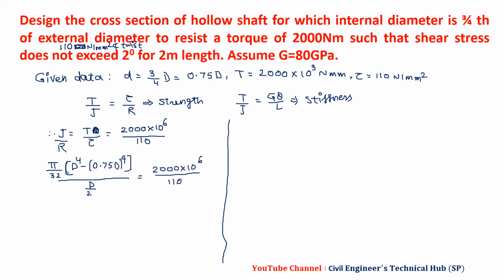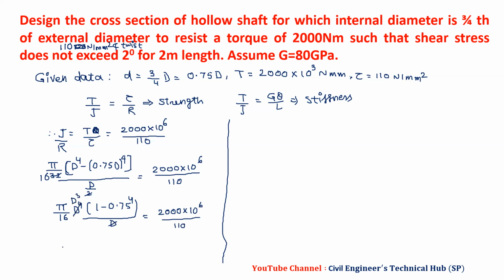Now this 2 will get cancelled with this 16 and we will take pi by 16 D to the power 4 outside in bracket, 1 minus 0.75 to the power 4, divided by D. And that is equal to 2000 into 10 raised to 6 upon 110. And from this D gets cancelled, so we have D cube.